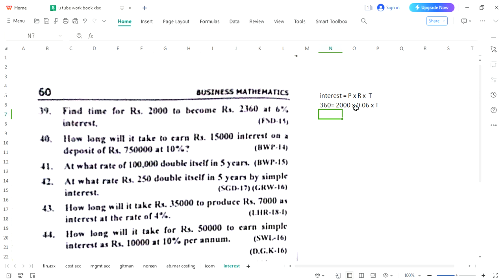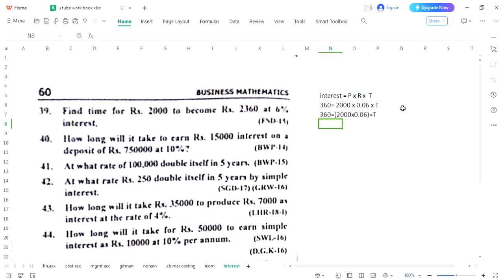On the left side of the is equal to, you have 360. Now please note both items are being multiplied. When you take it to the left side, it would be divided. And how will you divide? 2000 multiply by 0.06, bracket close, and then is equal to T. Now we can solve it.